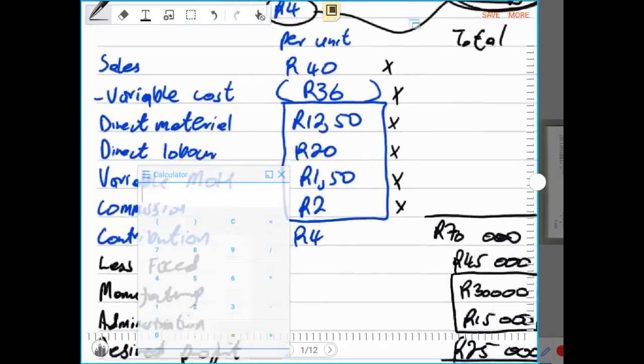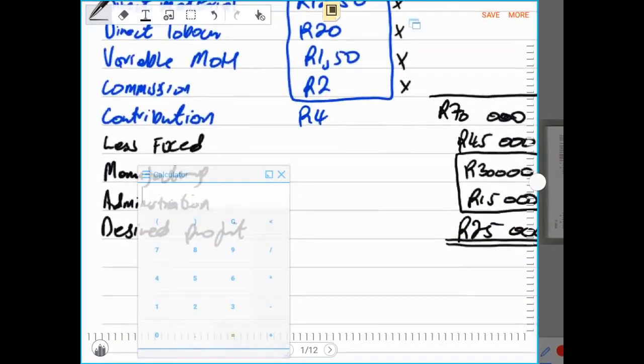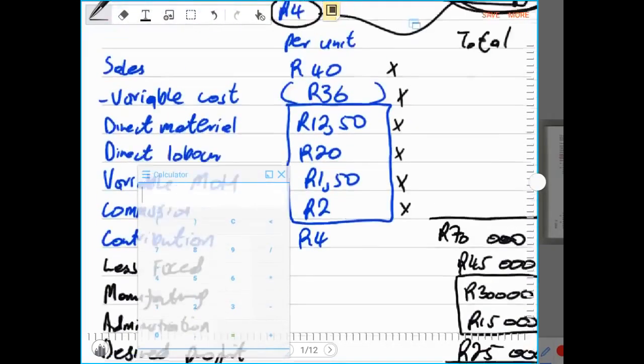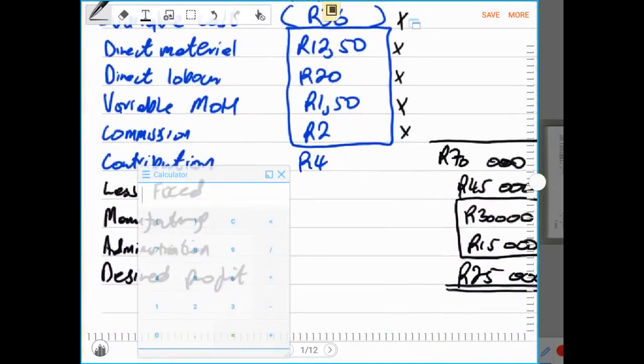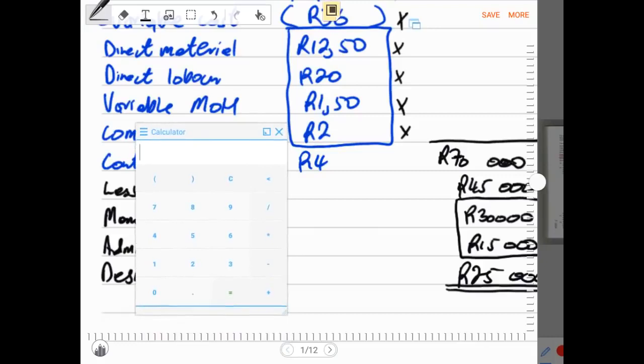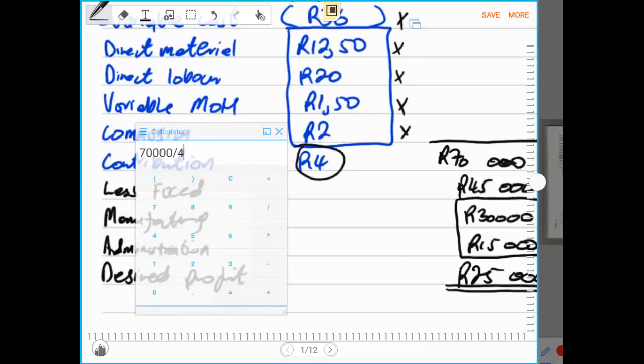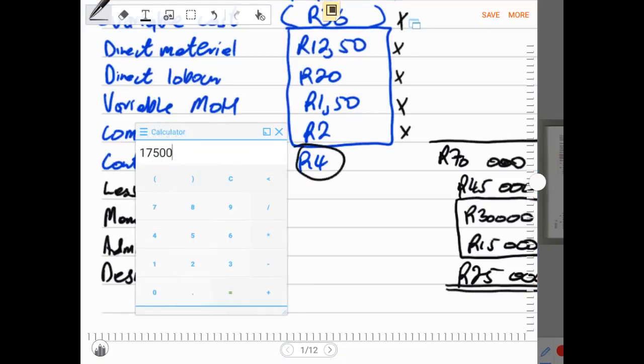But now from the income statement perspective, we don't know the units yet. However, from the calculations, we know that the units is 17,500. But now from the income statement, this is what you do. You say 70,000, divide this by 4, which is contribution per unit. Then now that would give you 17,500 rands.